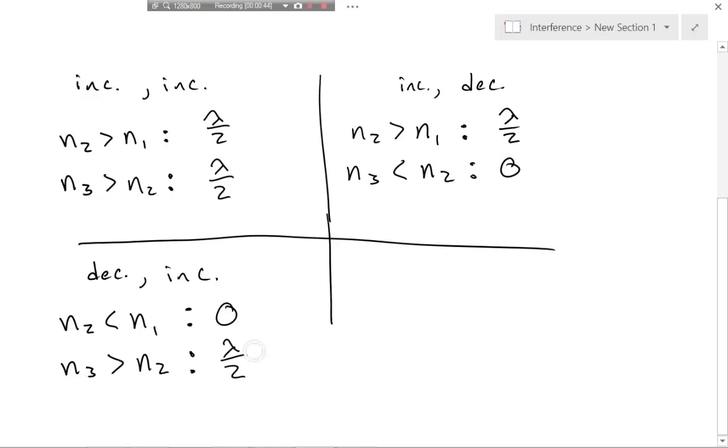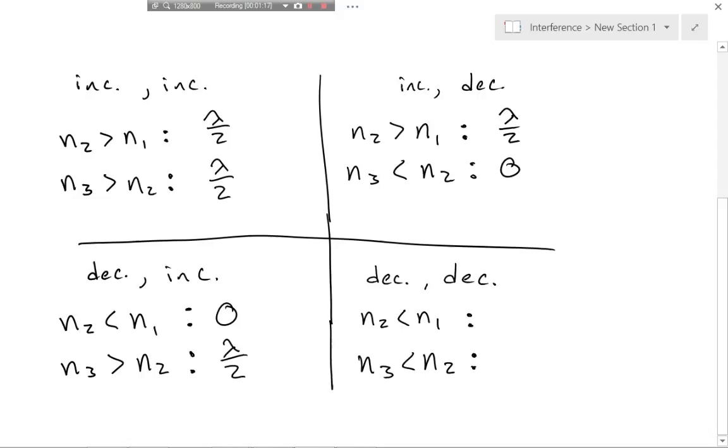So once again, we have one wave that's shifted by a half of a wavelength, and the other wave doesn't experience a phase shift. So here, the difference in the phases of these two waves will be equal to a half of a wavelength. Now the final possibility is that the index of refraction is decreasing across both of the interfaces. So here we have the index of refraction of material 2 is less than the index of refraction for material 1, and the index of refraction for material 3 is less than the index of refraction for material 2.